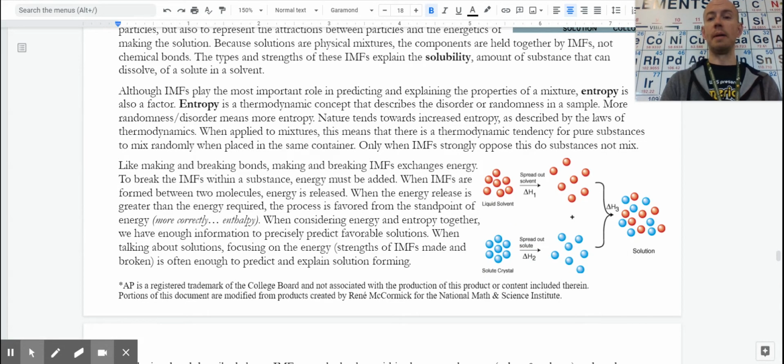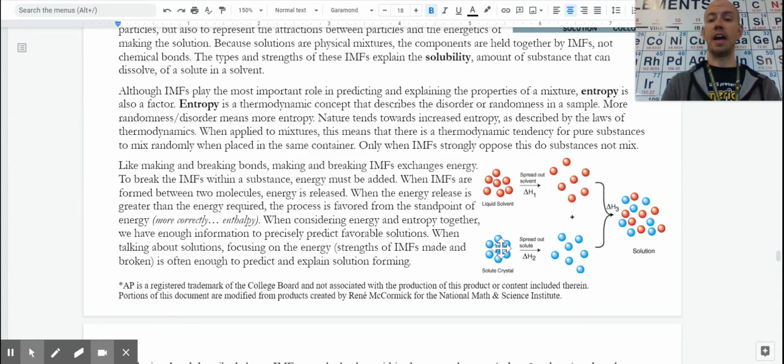But when we're thinking about this, the entropy or the randomness is helping, but also the IMFs. When we go from reactants to products in a chemical change, we break bonds, we make bonds. When we go from solute and solvent to solution, we break IMFs and we make IMFs. In that case, we put some energy in order to break the IMFs.